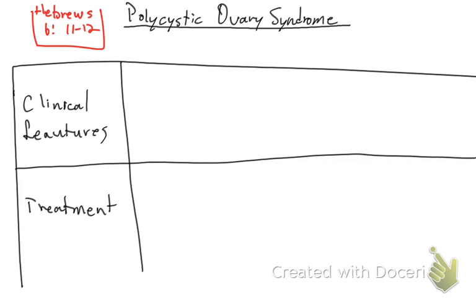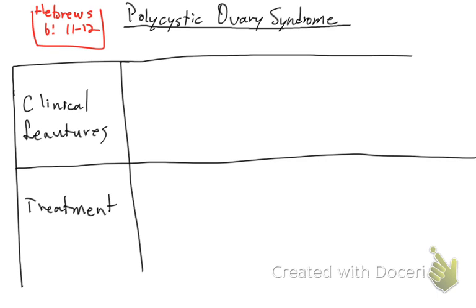So the clinical features, we have four things that we should remember about polycystic ovary syndrome. The first one is androgen excess. If the patient has an androgen excess, what do you think is going to present? Usually the woman is going to present with hirsutism.